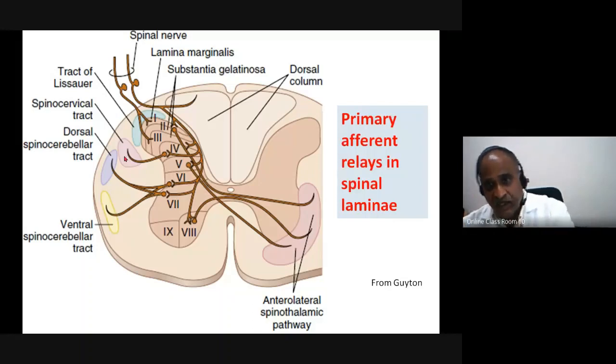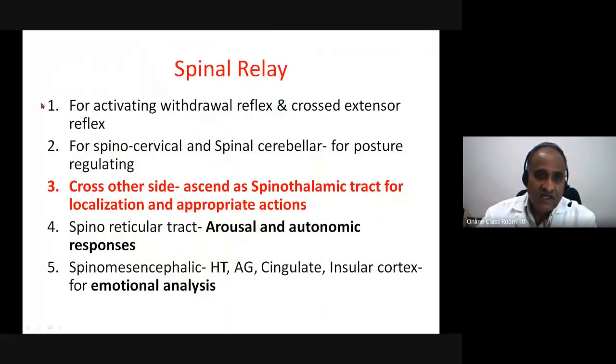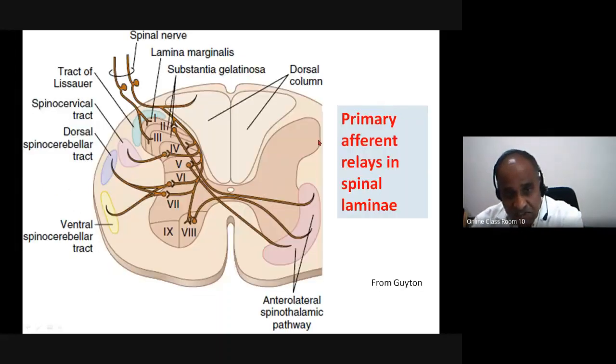So that is how it's been relayed. Then after relay, you can just see that the first relay I mentioned is for activating the spinal withdrawal reflex or a cross-extensor reflex. So this is the first relay.